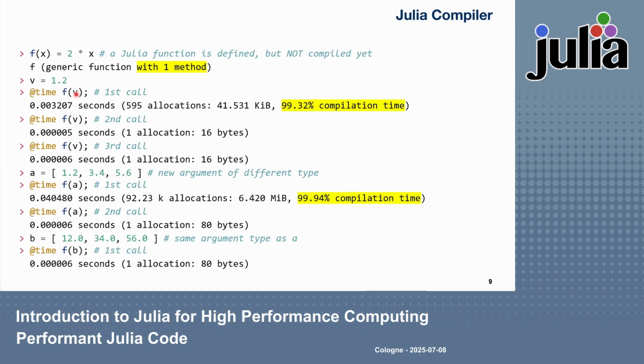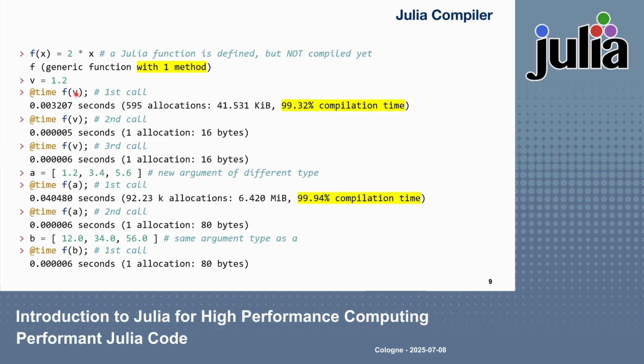What does it mean? This means that after defining the function, it is not really compiled. In order to run the function and measure the time, the entire time is measured, including the compilation time. That is why this very simple function call took 3 milliseconds.